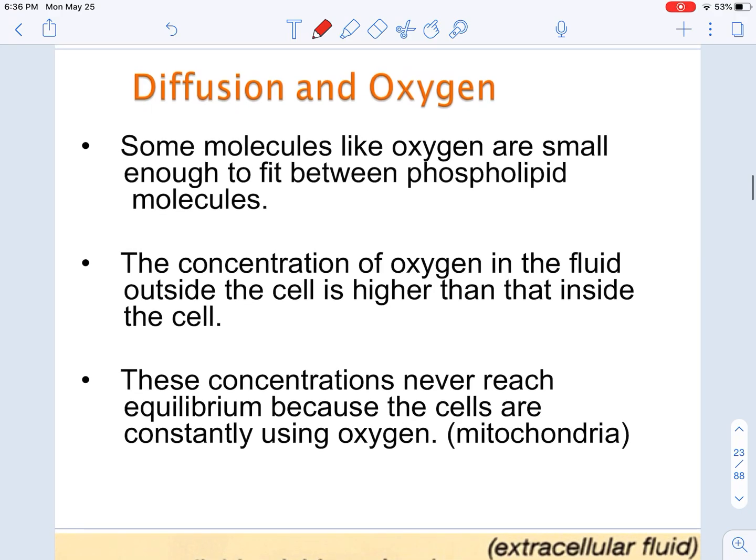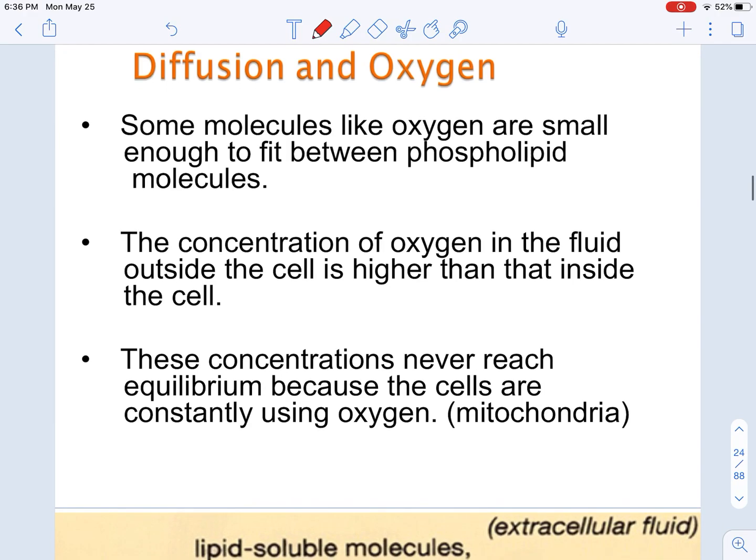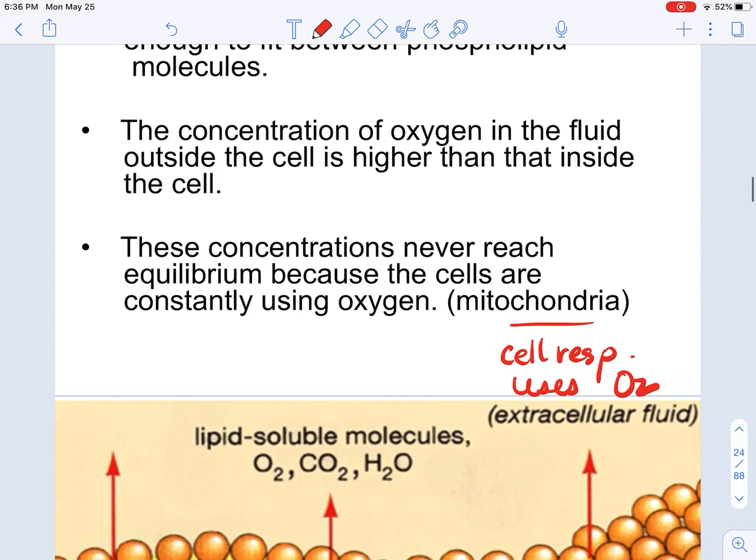Oxygen is an interesting one, because when it moves into the cell and through the phospholipid bilayer, it's going to be used up very quickly by the mitochondria doing cellular respiration. And so as the blood flows by, it continually has a higher concentration of oxygen that it got from you breathing it in through your lungs.